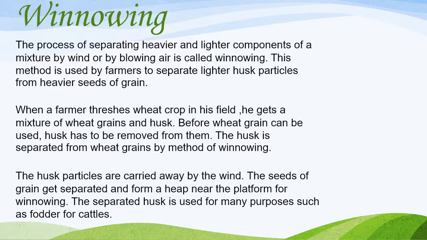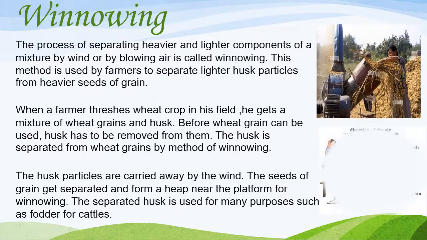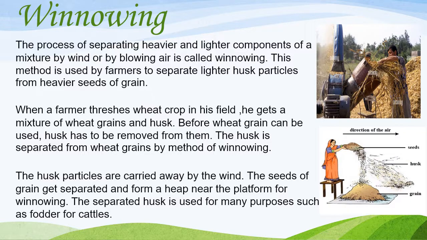On that platform, they separate husk particles from grains or from wheat. The separated husk is used for many purposes, such as fodder for cattle. Now see, this is a machine which is used for this process, winnowing.